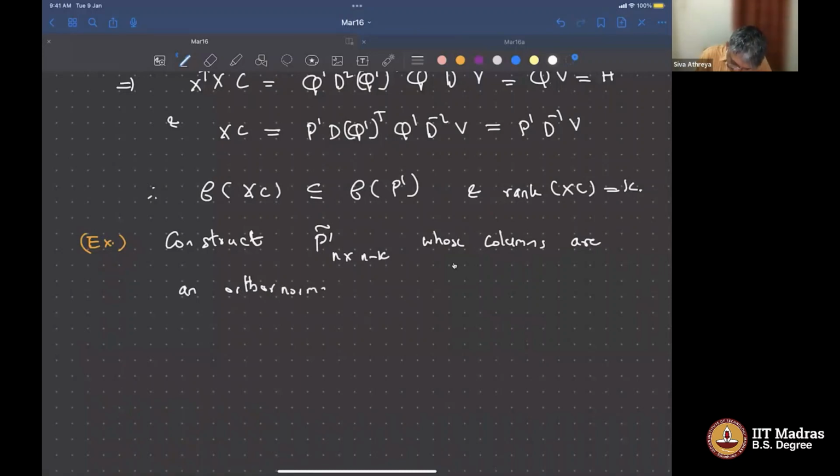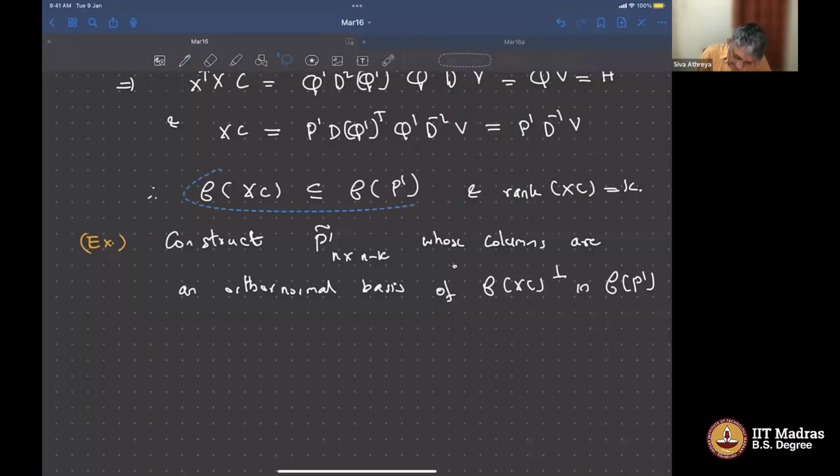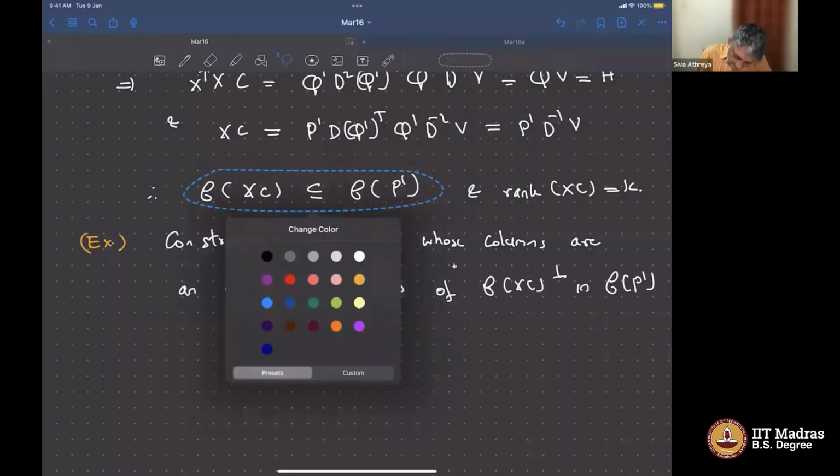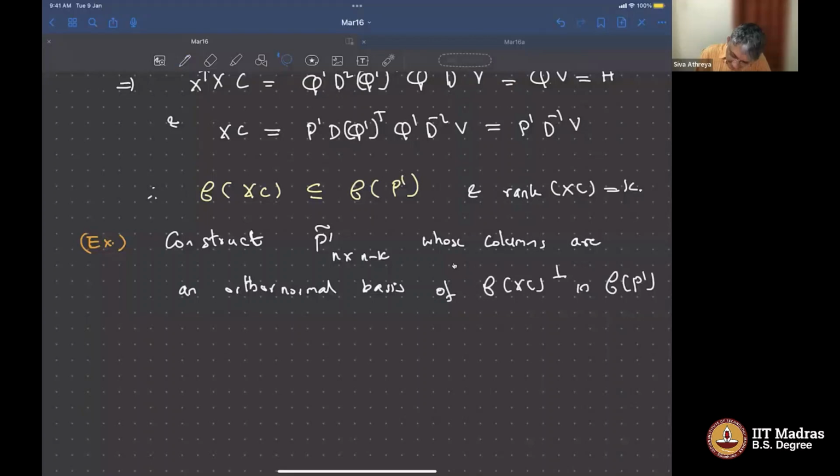Orthonormal basis of the orthogonal complement of the column space of XC, and inside the column space of P1. Right. So now you're just a little bit careful. I have this guy here, so it's inside this. So I'm going to take the orthogonal complement inside the subspace column space of P1. So I look at that.